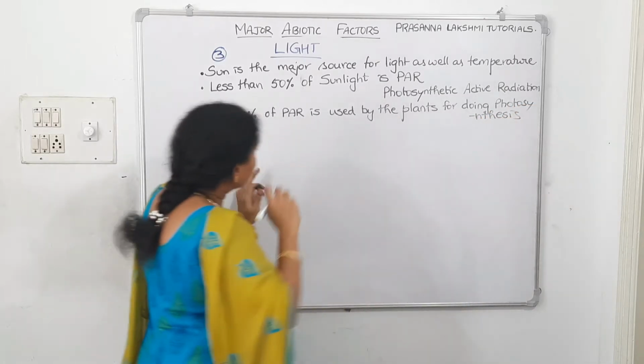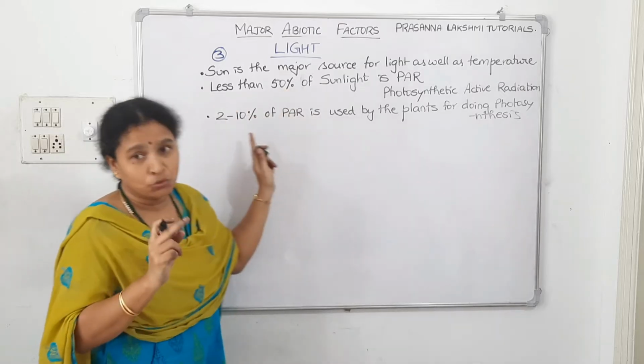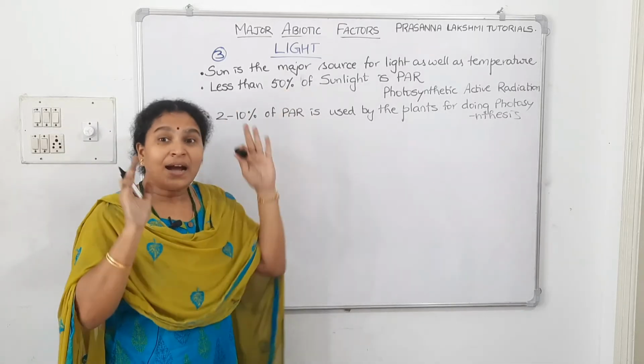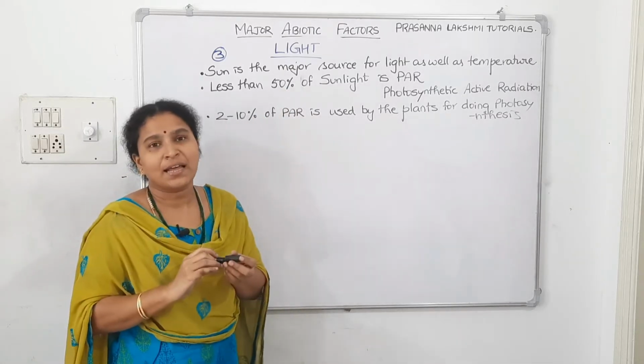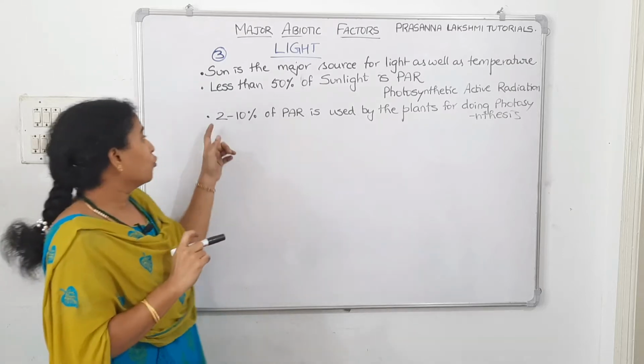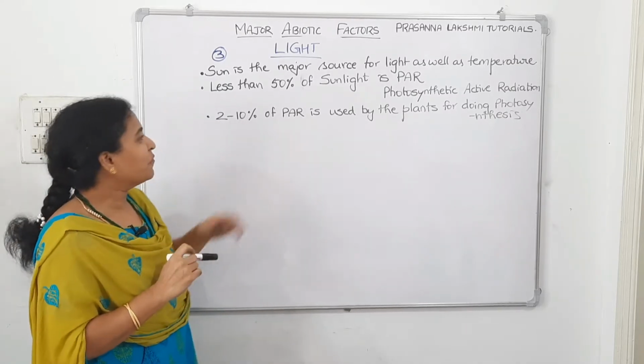Now, in 50%, if they are using 2 to 10%, what about 100% sunlight? In 100%, 2 will become 1, 10 will become 5.